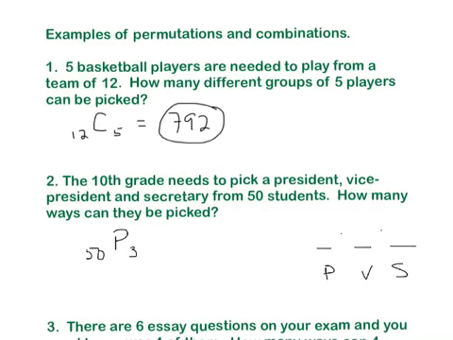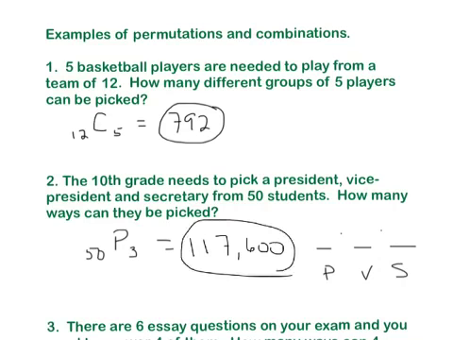Or I just use my calculator to compute this. So I end up getting 117,600 different ways of picking a president, vice president, and secretary, which seems like a large number, but I also have 50 students that I'm working with.